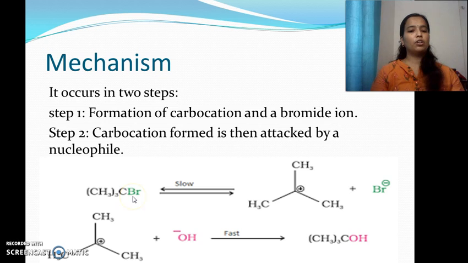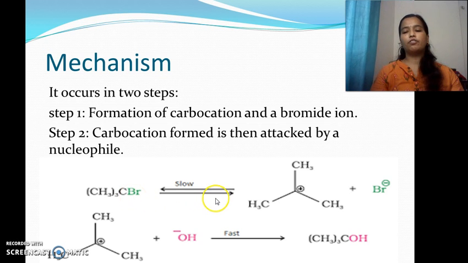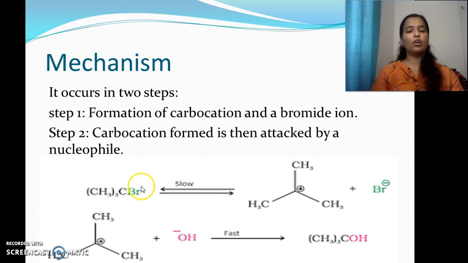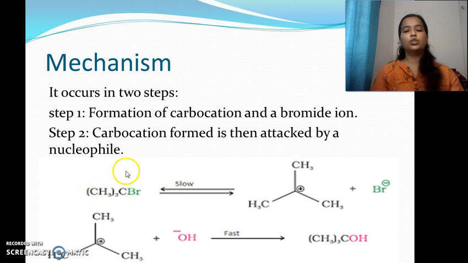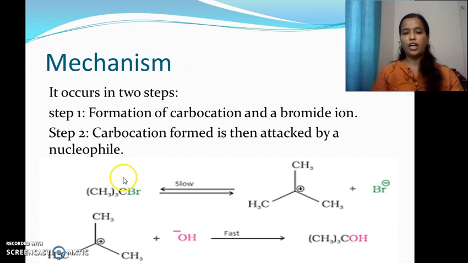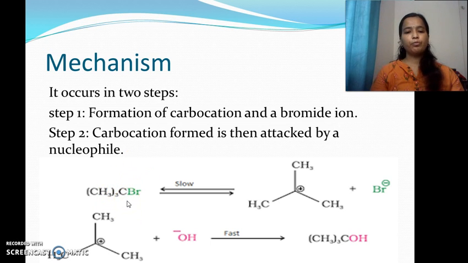That is the alkyl halide getting converted to carbocation and halide ion. Here this is the slow step, that is the rate determining step. So in the rate determining step, only one reactant is involved. So it depends only on the concentration of one of the reactants, that is the alkyl halide, and so it is called unimolecular.